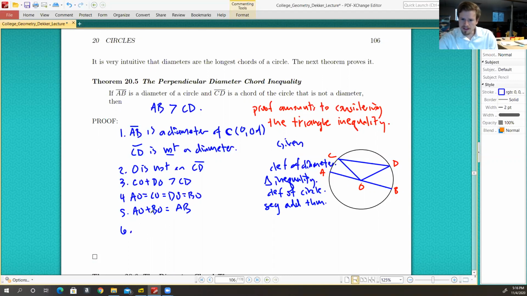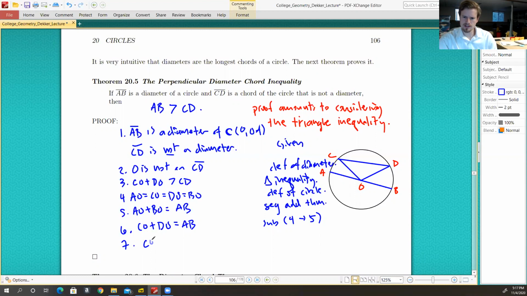So with this, we can make a substitution. CO plus DO is equal to AB, by a substitution of line 4 into line 5. And now we can plug that into line 3.